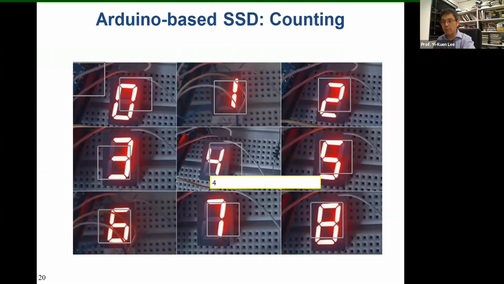Do you have any question for this particular Arduino tutorial? Any question? Because I told you, we have limited time. I don't think I can show you all the components.